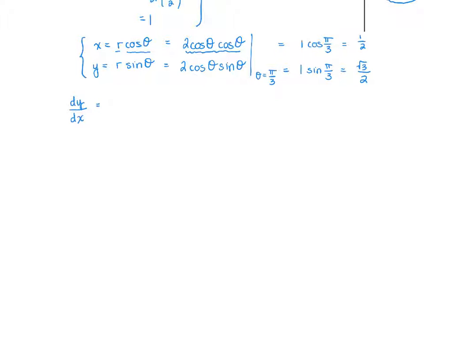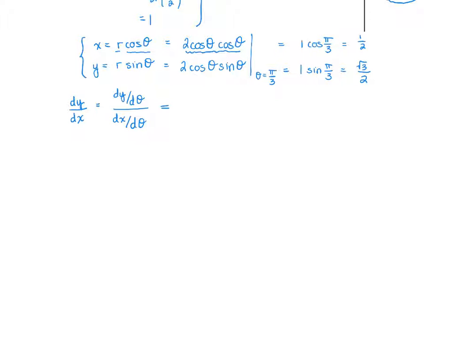So that is going to be dy/d theta over dx/d theta. Now, I'm going to be taking a shortcut here because this is the same function that we worked with on the previous page. We know dy/d theta and we know dx/d theta. If you want to, you certainly can find them again.